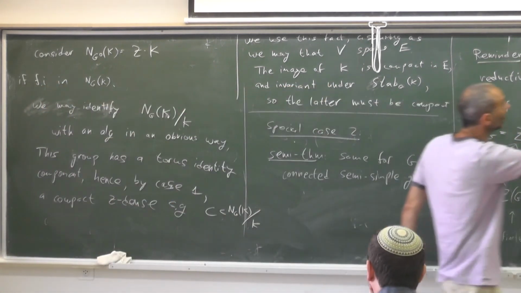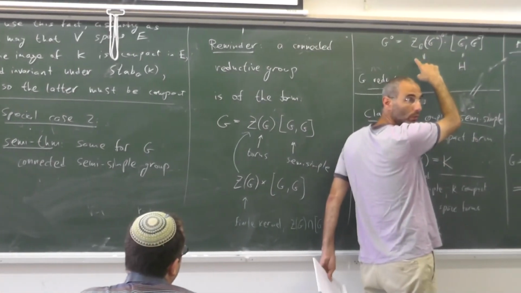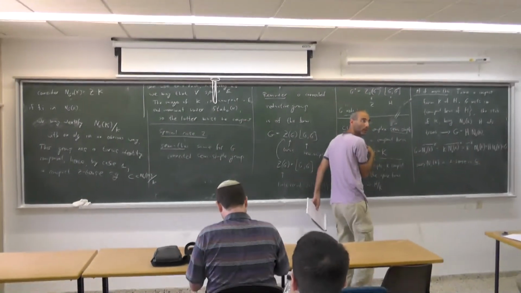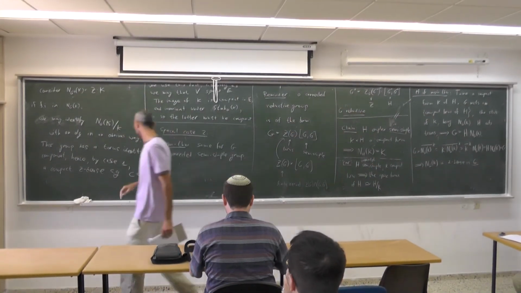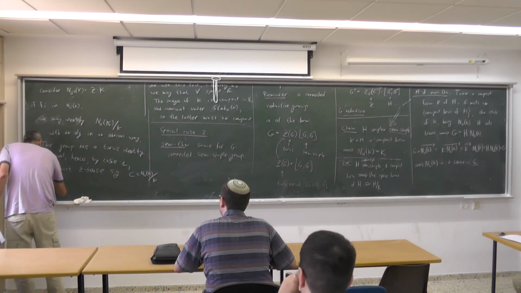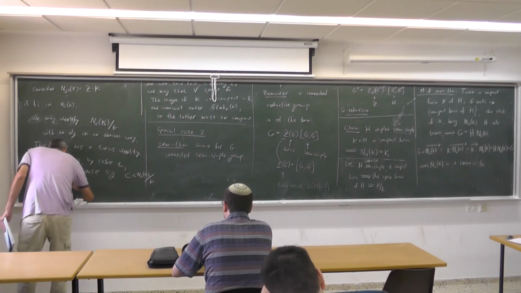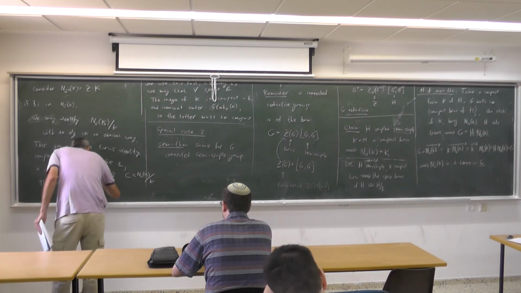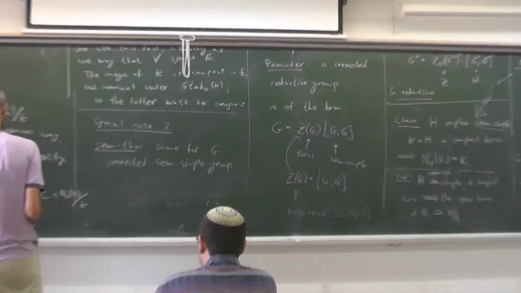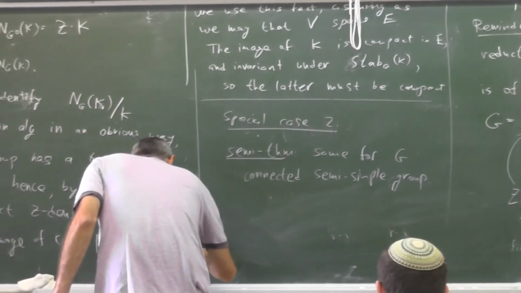So it will contain H as well, so it will contain all of G0, and it meets every connected component of G. The image of C in the normalizer of K is compact by compactness of C and K.